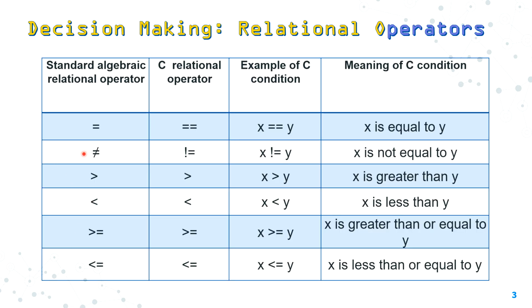Let's look at standard math versus how we type these operators in C. Most of these will look familiar to you from algebra, but there is one major trap that catches almost every beginner. So look at the very first row here. In standard algebra, an equals sign means two things are the same. But in C programming, a single equal sign is the assignment operator.